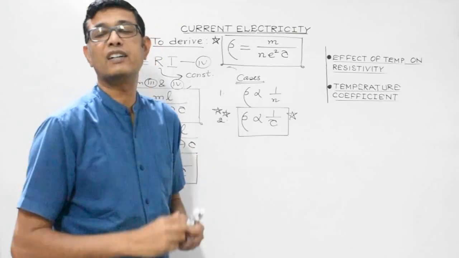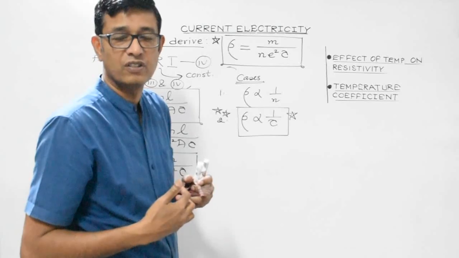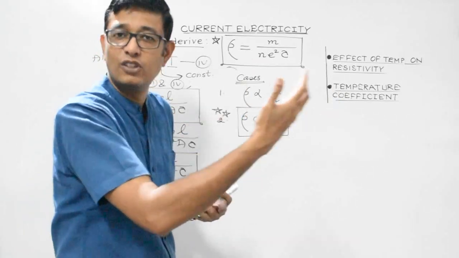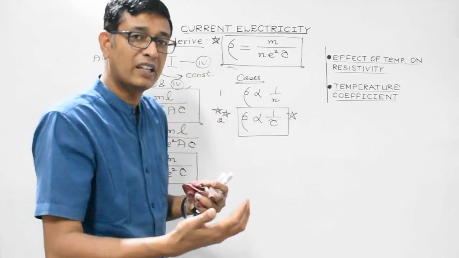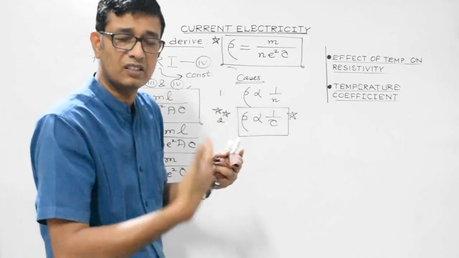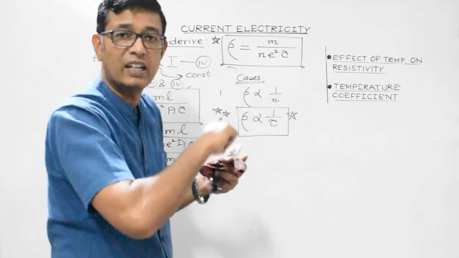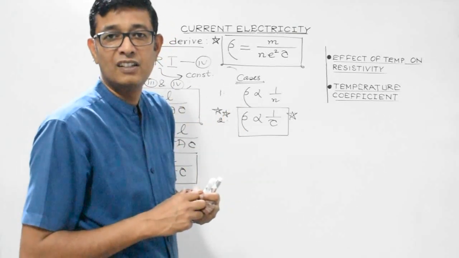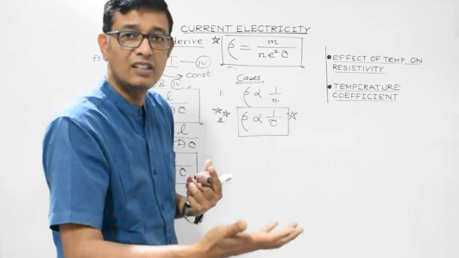So students, look, when the electrons are drifting in a particular direction, then they very often collide against each other, that we are aware. They also tend to collide with the vibrating ions. Now since these positive vibrating ions vibrate about the mean position with greater amplitude and more vigorously, therefore the probability of electrons colliding with the vibrating ions increases.